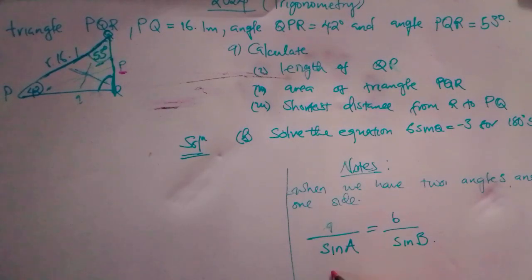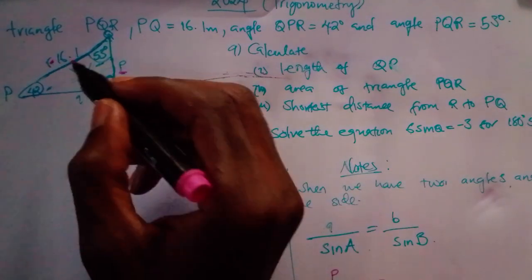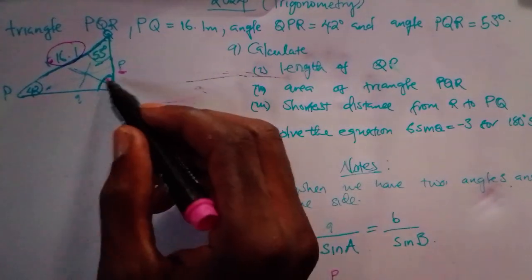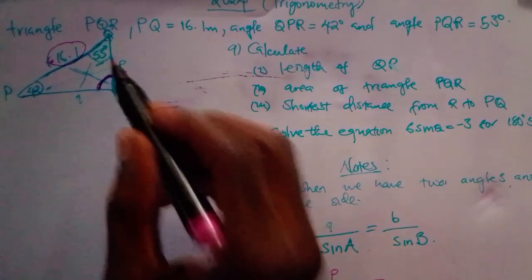So you say small letter p over sine P is equal to, here you have to pick the side with both the angle and the side. So the side we are going to pick is r, because we have this, and we can also calculate this angle.